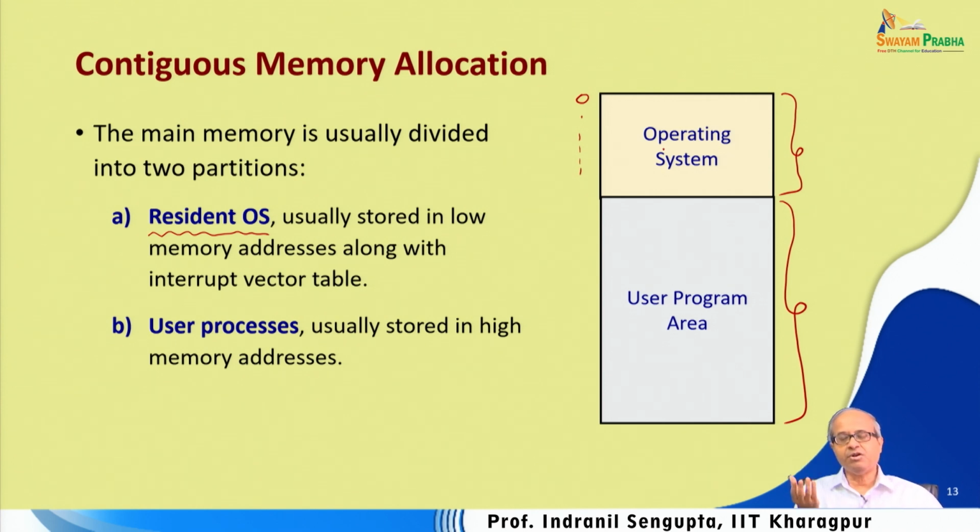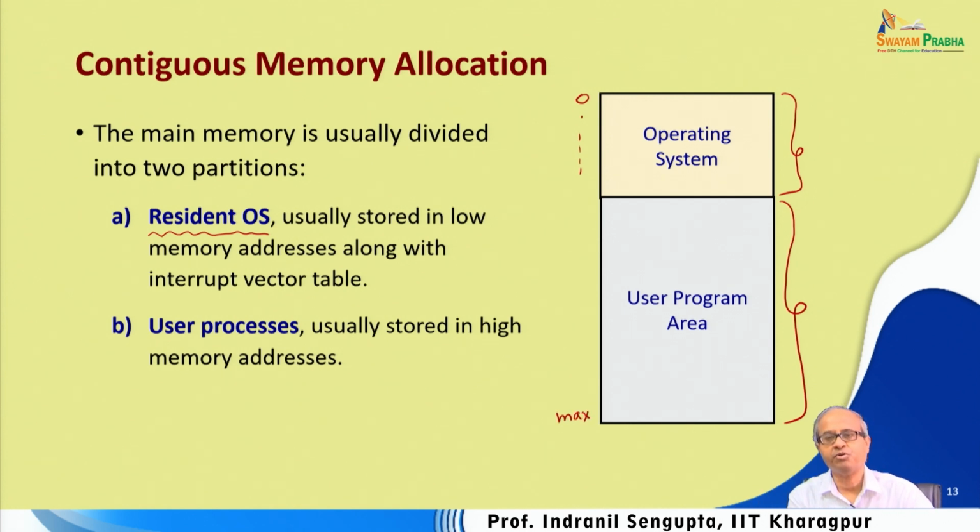So, the essential operating system functions and the interrupt vectors, which say which interrupt service routine to call whenever some interrupt or exception comes, are typically stored in this resident OS part. And user processes are stored at higher memory addresses up to some maximum.